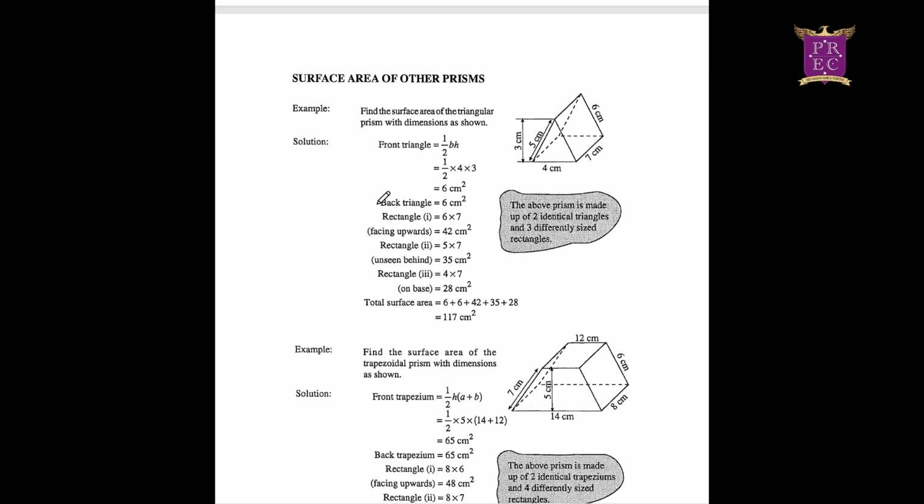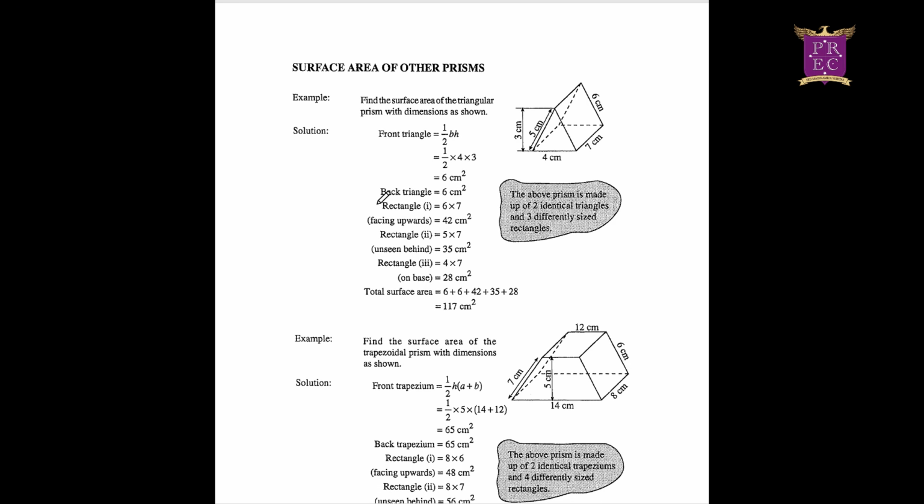Okay, let's have a look at all the other prisms other than rectangular prisms. Triangular prisms are made up of 2 identical triangles and 3 differently sized rectangles. The 2 identical triangles are at the front, so we've got a triangle with a base of 4 and a height of 3 centimeters, and we've got 3 other differently sized rectangles: 7 times 6, another one 7 times 5, and another one 7 times 4 at the bottom.